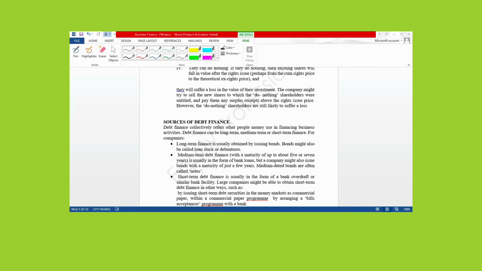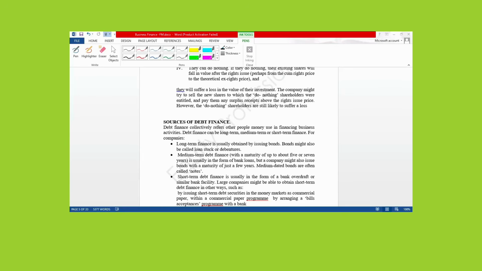The examiner says, differentiate between bond and bank loan.